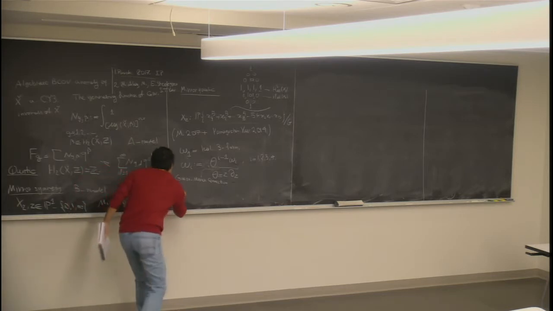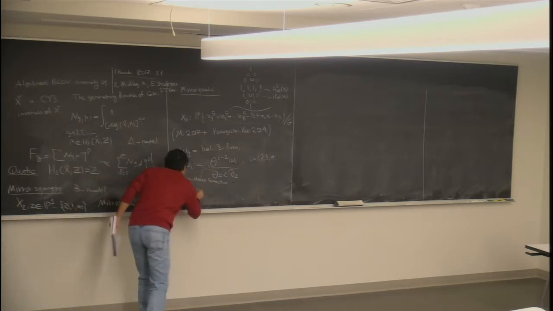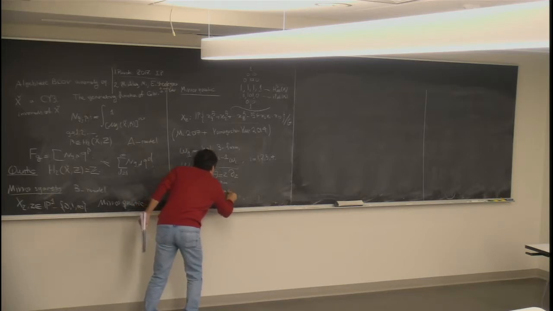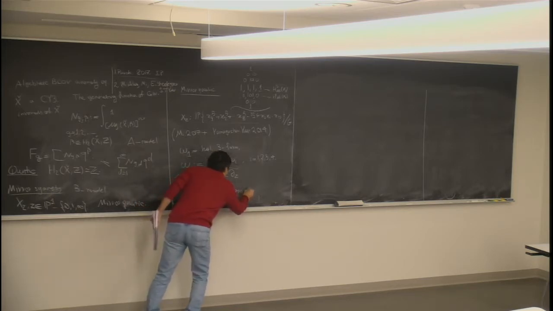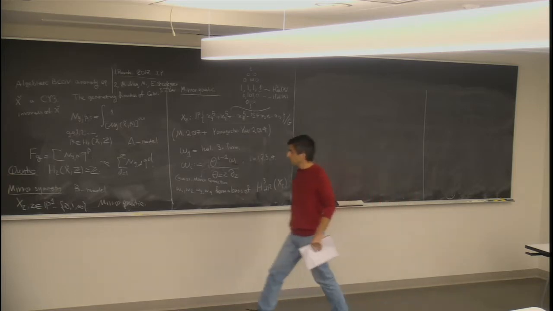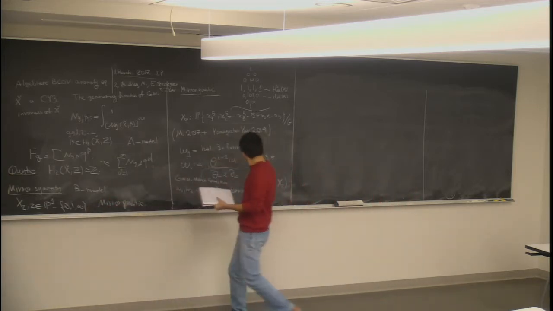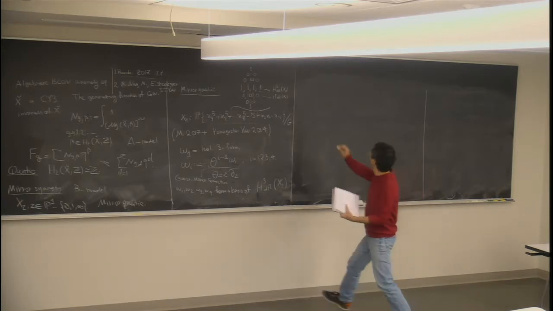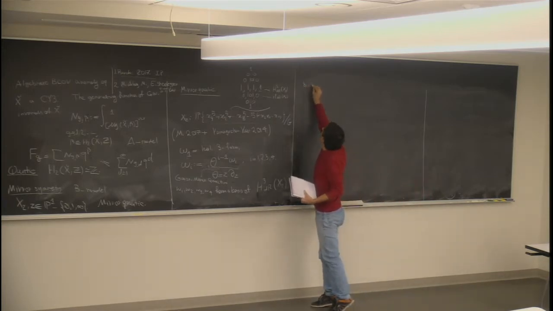H^3 de Rham of X_z, removing these 3 points, and then I will choose delta 1, delta 2, delta 3, delta 4 in H3 of X_z, a symplectic basis.